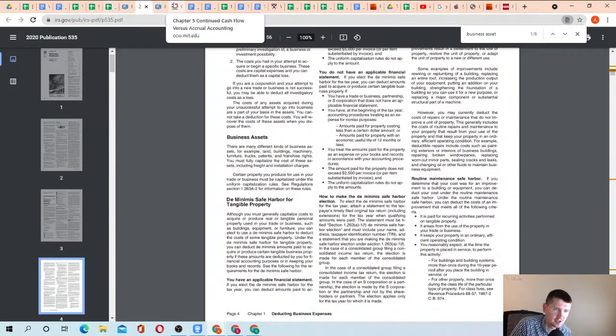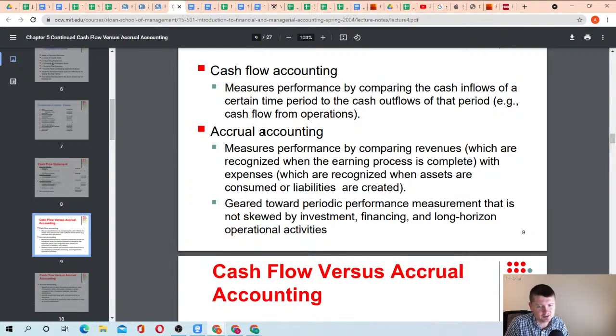transactions. Let's go back to MIT. We are 37 minutes into the lecture. Let's go back to MIT and see. Hopefully from that treatment you kind of get some grasp. So cash flow accounting is merely impacted by cash. If you got cash outflow, you recognize an expense.